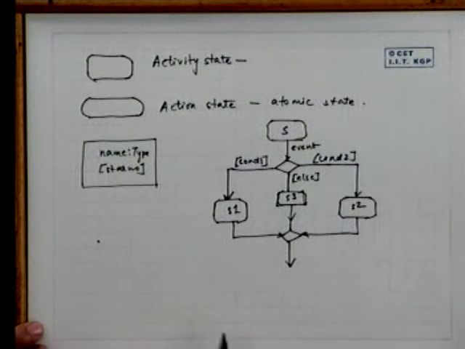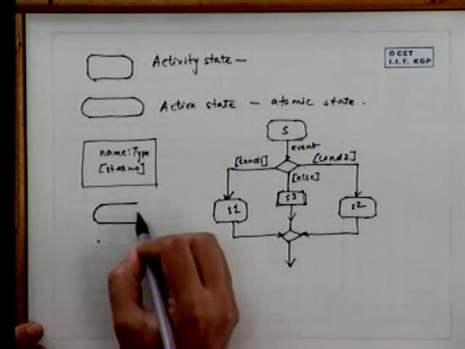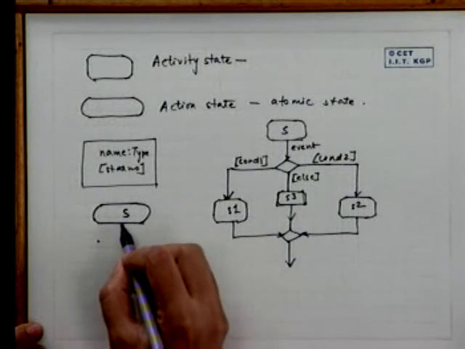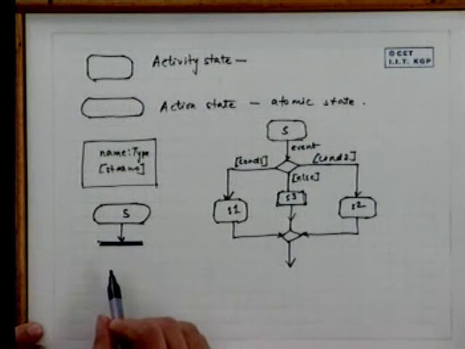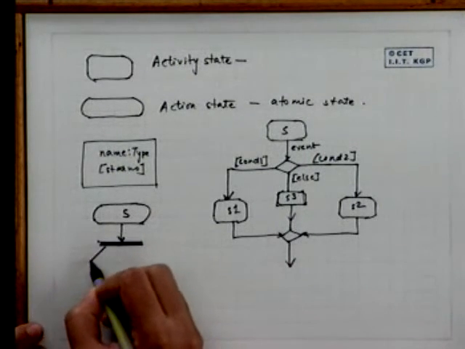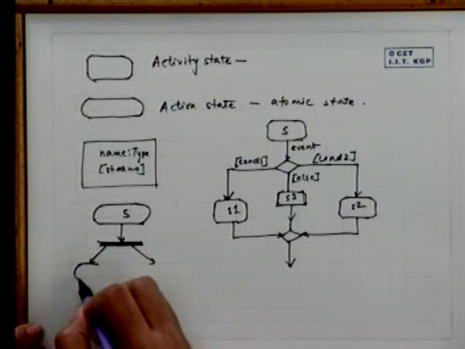And then fork and join are represented like this. Suppose you have a state S. This is where forking can take place, and you may fork to two different states, Q1 and Q2.